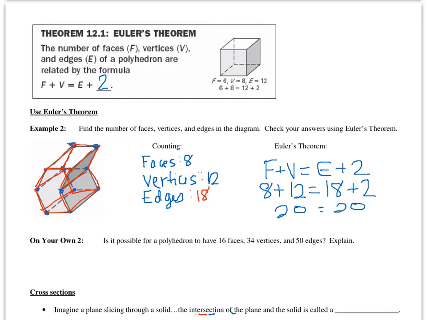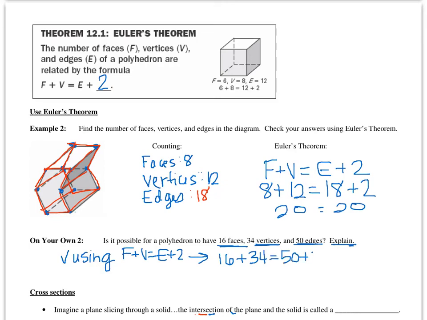Okay, it says, is it possible for a polyhedron to have 16 faces, 34 vertices, and 50 edges? Explain. So let's check using Euler's theorem. So faces plus vertices equals edges plus 2. So faces plus my vertices equals my edges plus 2.